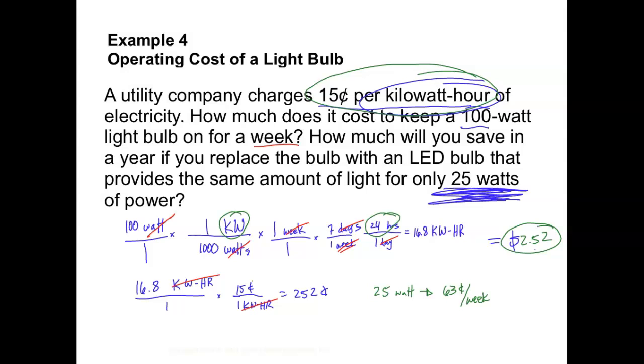Now they ask us about how much we would save in a year. So both of these are costs per week. How many weeks in a year? 52. All right, so multiply both of these by 52. So $2.52 times 52.